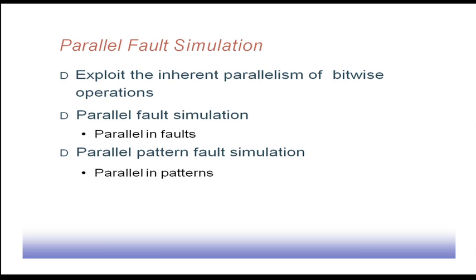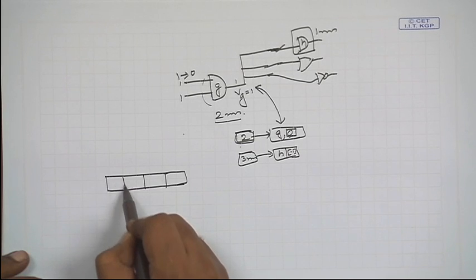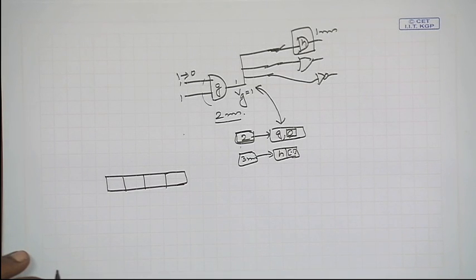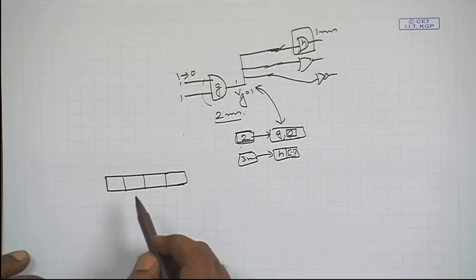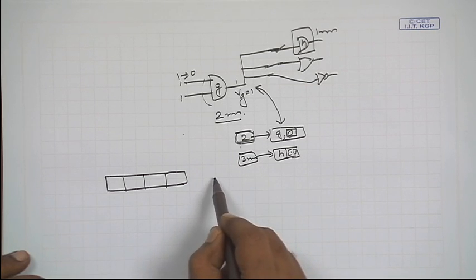Now, there are two variations that are possible. One is known as parallel fault simulation, and another is parallel pattern fault simulation. Suppose I have a W-bit word in my computer, say a 4-bit word. For every signal line we have this particular word available. Suppose this is an AND gate.